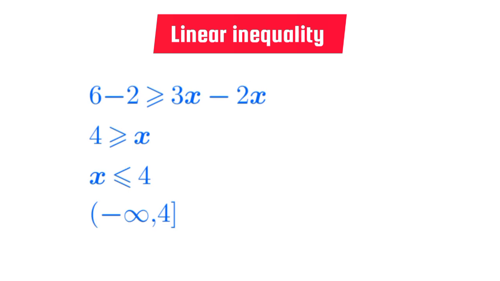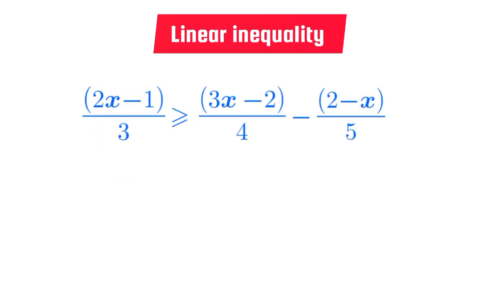Now let's take an even more complex example. It says 2x minus 1 over 3 is greater than or equal to 3x minus 2 over 4 minus 2x over 5. Now let's move over to the right-hand side of the equation. So the first step we are taking is subtracting the two fractions.